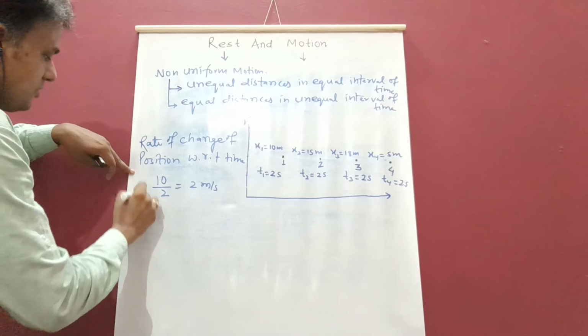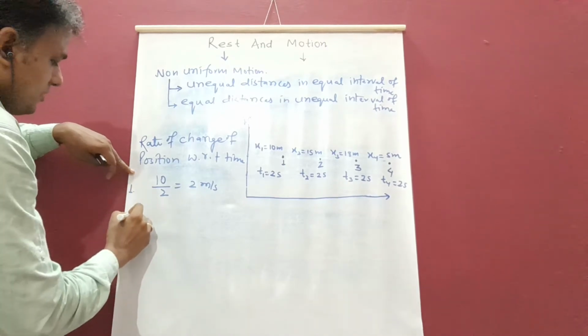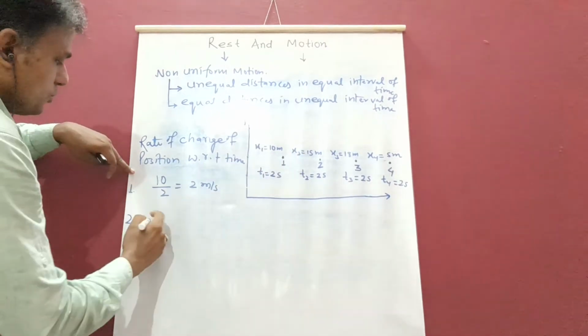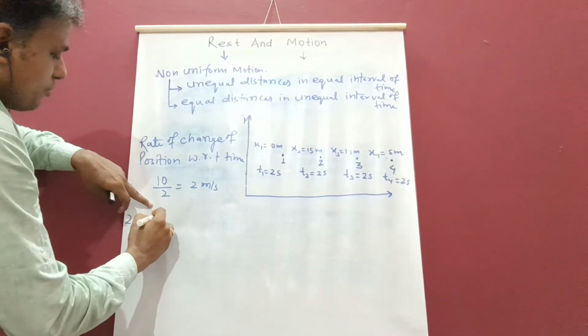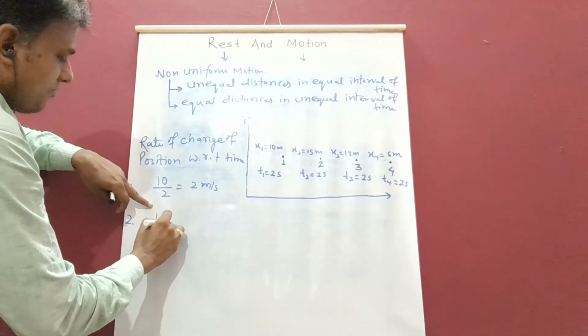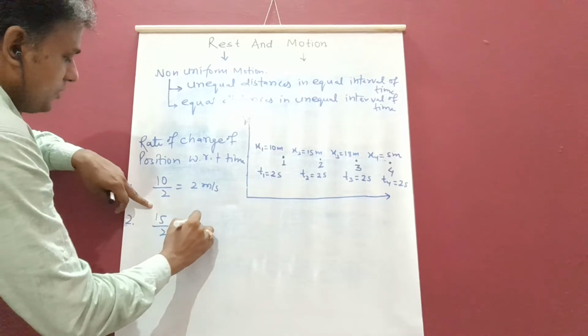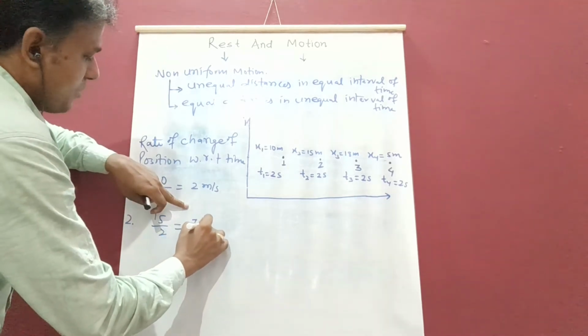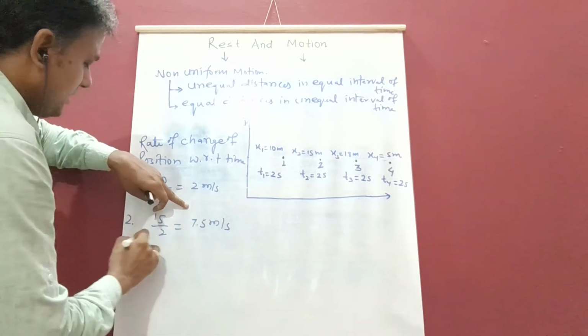Similarly, for point 2, it is 15 upon 2, which is 7.5 meter per second.